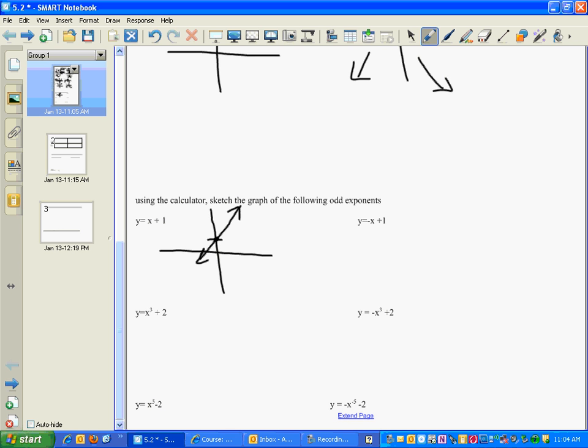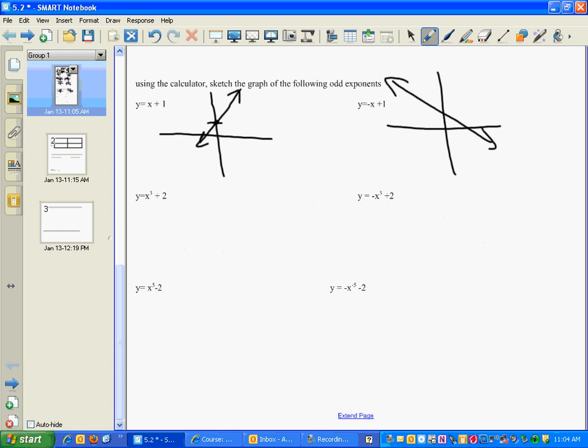So, even exponents, tails go both up or both down. Odd exponents with a positive coefficient are going to go this way, and if it's negative, it's going to go this way. Always. Stuff's going to go on in the middle. It's going to cross the x-axis in different places, but the tails will always end up in the same quadrants.